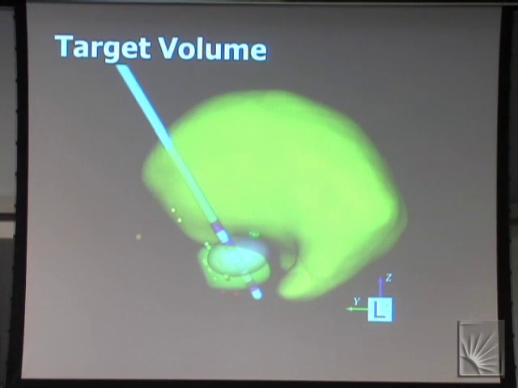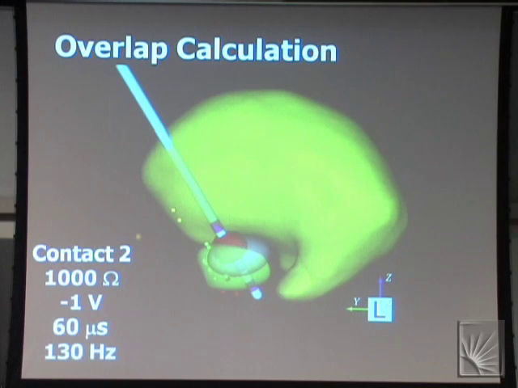So if we have a target volume of tissue that we should be stimulating, and we have these computer models of the placement of the electrode and the volume of tissue that's stimulated as a function of the stimulation parameter settings, then we can start to calculate overlap between the predicted volume of stimulation and this target volume that we're trying to get to.